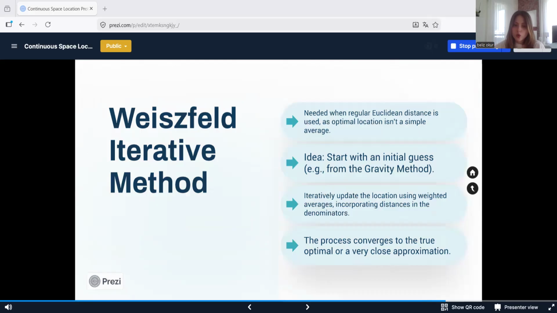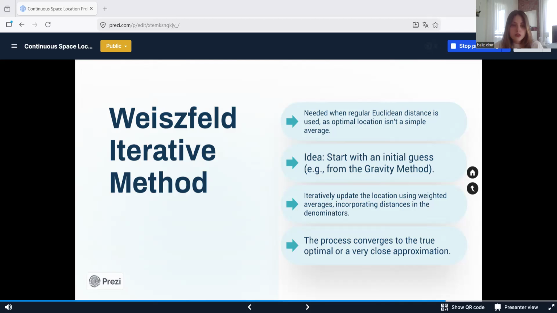Here's a secret that confuses many of us. The gravity method is actually just a close guess. Because regular Euclidean distance uses a square root, the true perfect location isn't a simple average. To find the absolute perfect point for Euclidean distance, we must use the Weiszfeld iterative method.